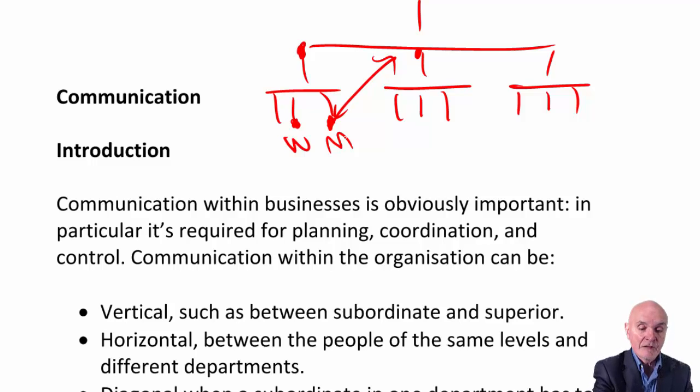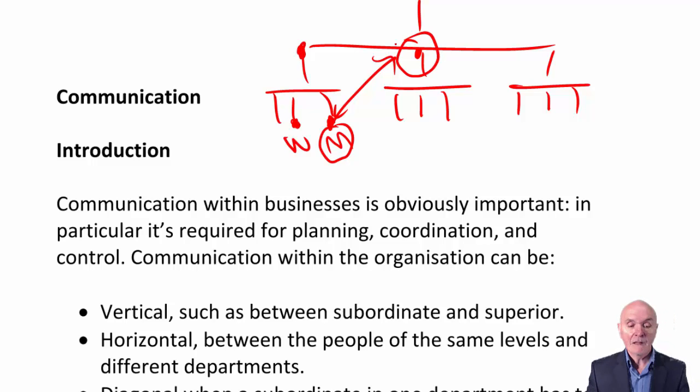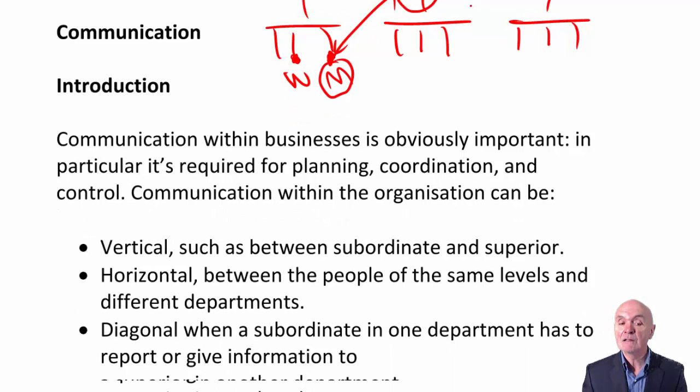So maybe the marketing person here has to talk to the production director there, because the marketing person has heard that a customer has a good idea perhaps about how the design of a product could be improved, and we have to talk to the manufacturing director here to see to what extent that is actually feasible. And that is diagonal communication.